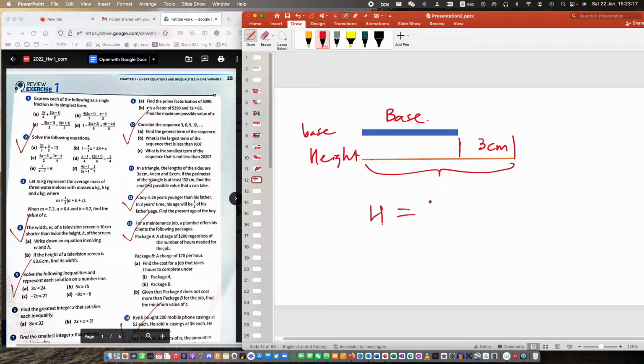B and then plus the 3. Yes, this portion plus this portion gives you the entire H, right? Does it make sense? That's how you decide.